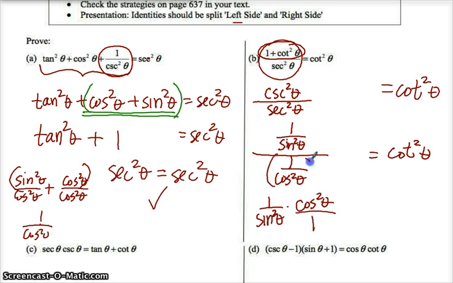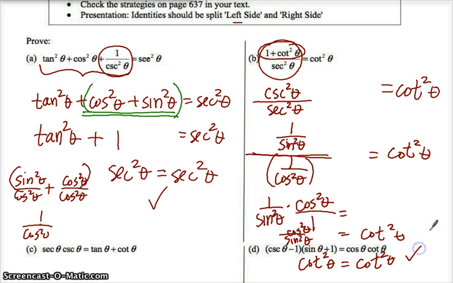When you're dividing a fraction by a fraction, turn it upside down, multiply. So continuing down here below, you would get cosine squared theta divided by sine squared theta. And then, of course, cosine squared theta divided by sine squared theta is equal to cotangent squared theta. So you get cotangent squared theta equals cotangent squared theta, and you're finally done.